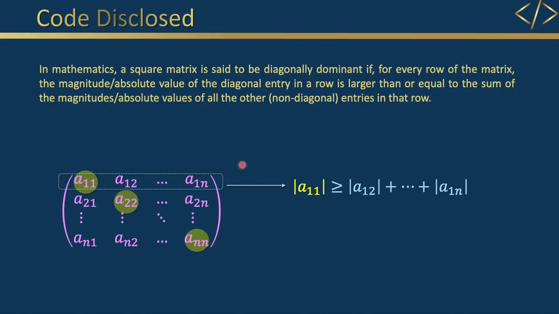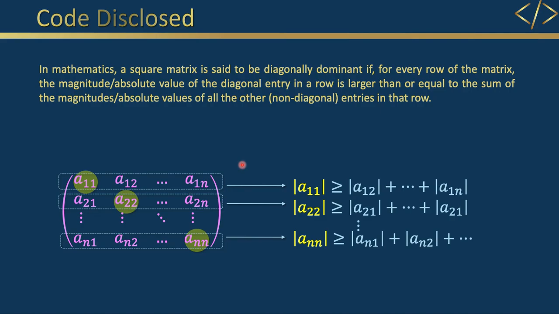We need to apply this for each row, and this condition should be satisfied for each row. If this condition is not satisfied on even one of these rows, then this matrix is not diagonally dominant, and hence the Gauss-Seidel method can't be applied, or in other words, can't converge to the right solution of the system of linear equations.